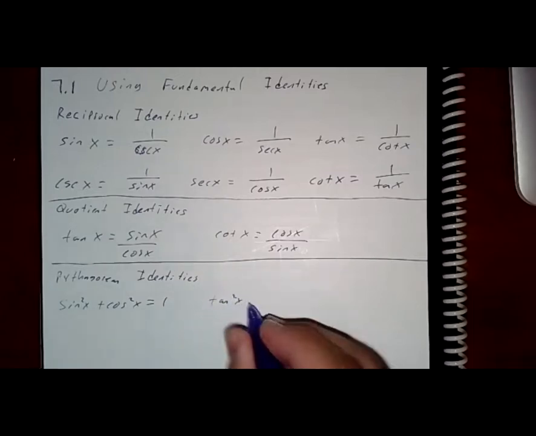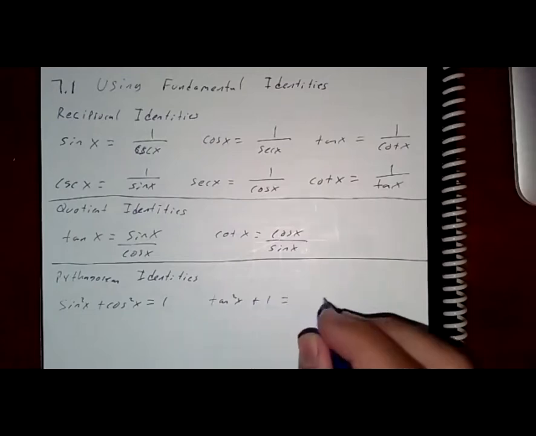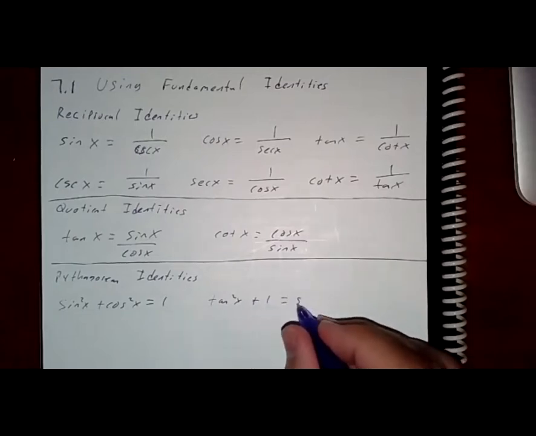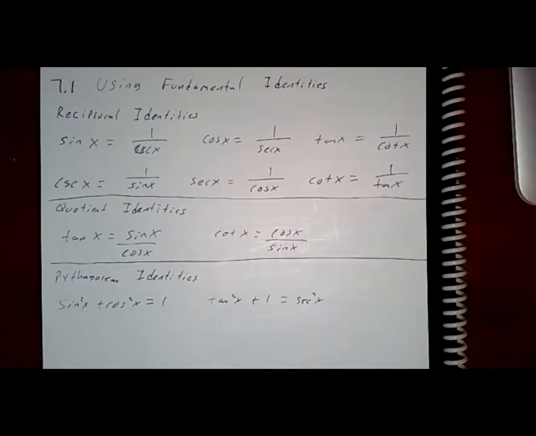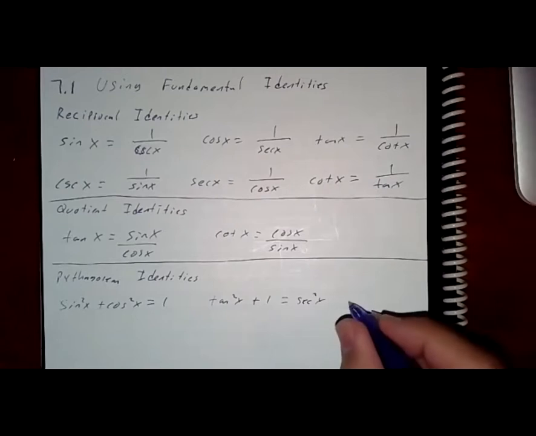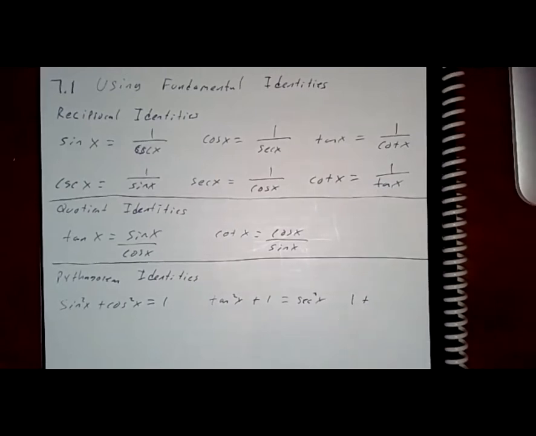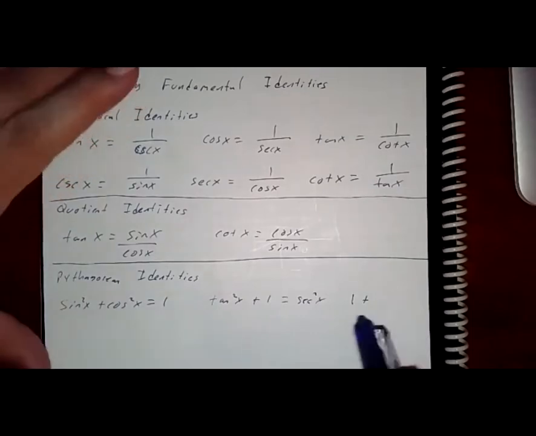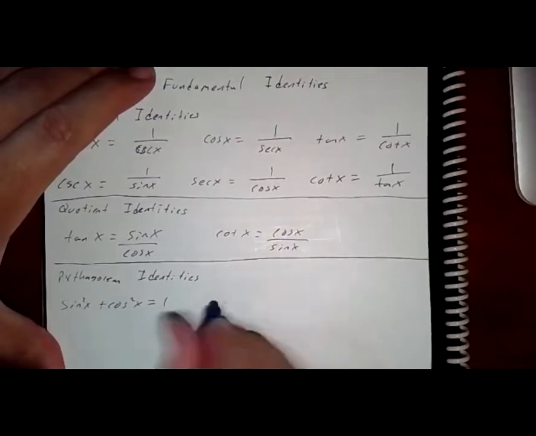tangent squared x plus 1 equal to secant squared x. If I divide everything by sine, I would get 1 plus cotangent squared x equal to cosecant squared x. So I need to have 3 sets.